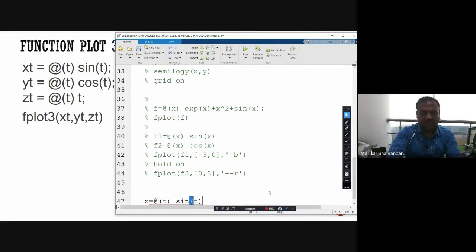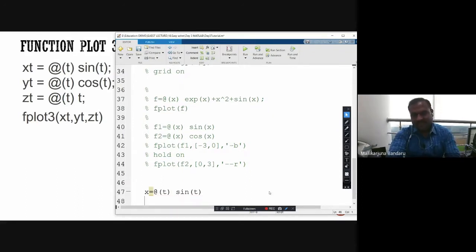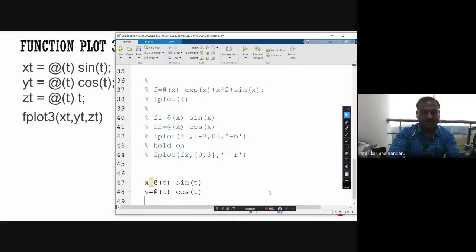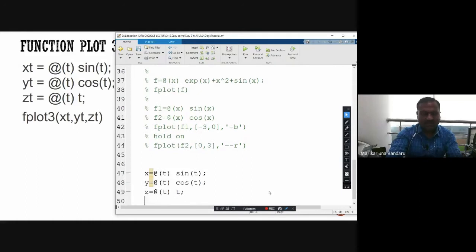Actually, theta we write manually, but the theta symbol is not possible to type here, so that's why we have taken t, or you consider t itself as a parameter angle. z is equal to, suppose, t itself. Next, fplot3, I mean the 3D plot x comma y comma z. So let us see the graph.